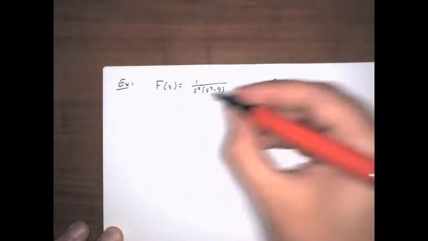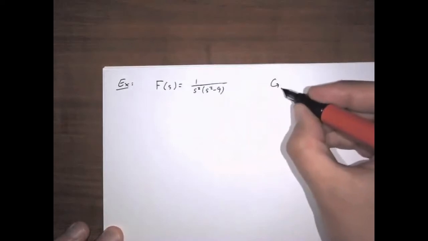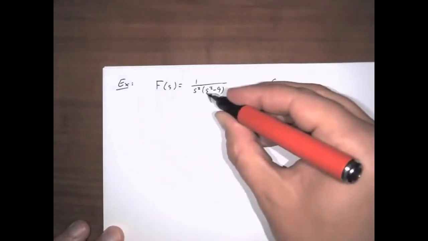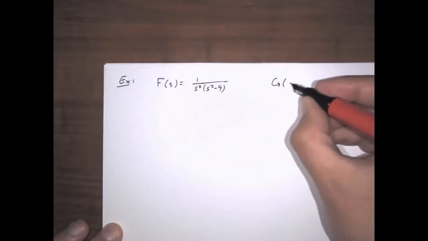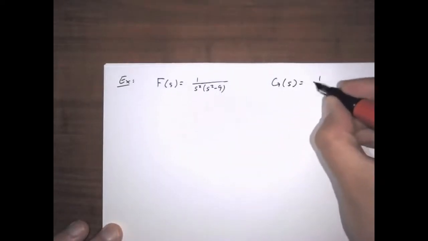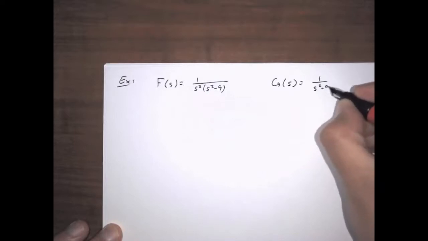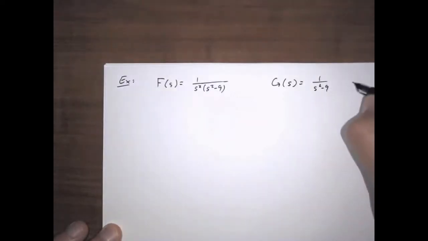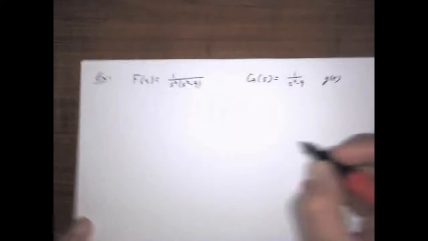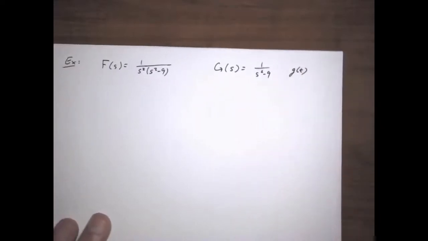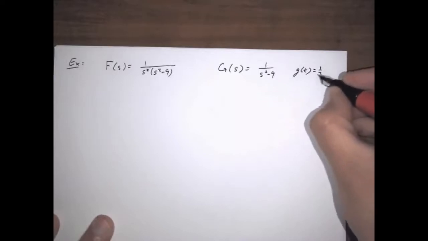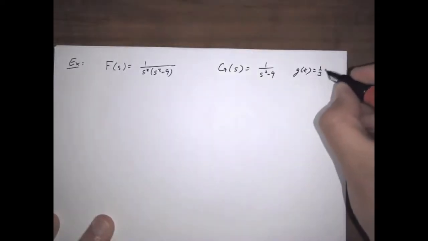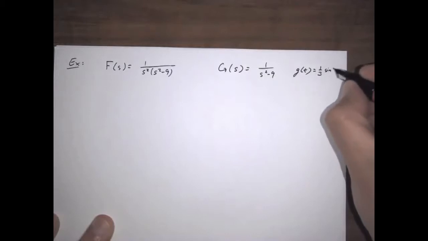However, we know that this looks a lot like something from our catalog. So let's say that G of s is equal to just 1 over s squared minus 9. That would then make g of t equal to, so here what we've got is something that resembles the hyperbolic sine function, but it's off by a factor of 1 over k. So this is going to be 1/3 sinh 3t.